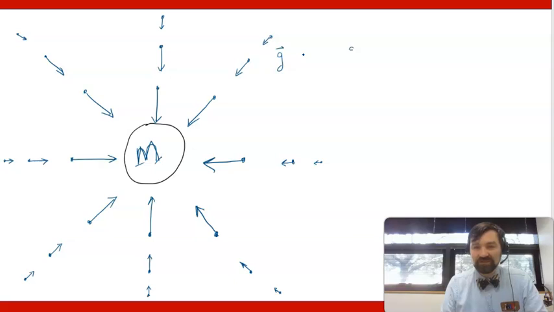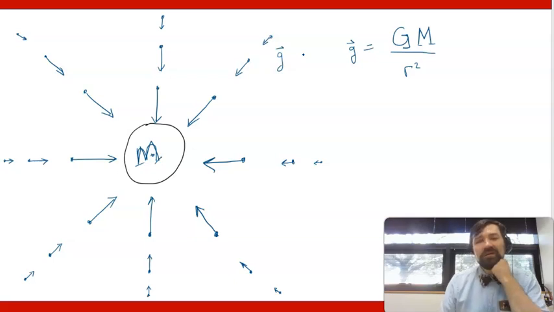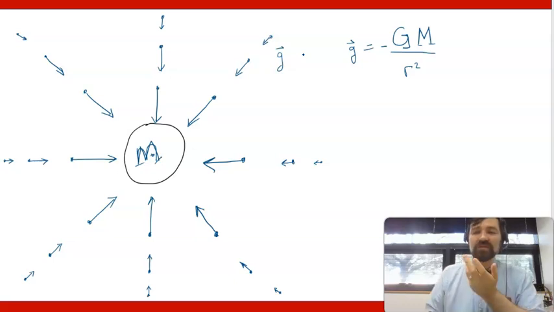This gravity field, little g, would look like the universal gravitational constant, big G, times the mass of the object that's producing it, divided by the square of the distance between the object and the location that you're looking at. You might throw a minus sign in here since it points inward. Okay, so that's a gravity field.